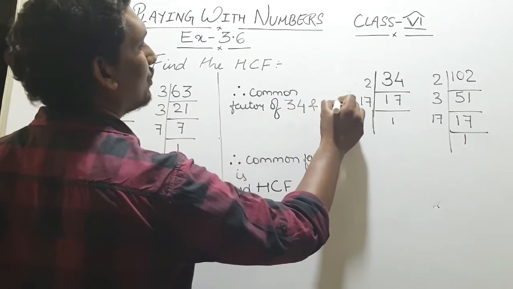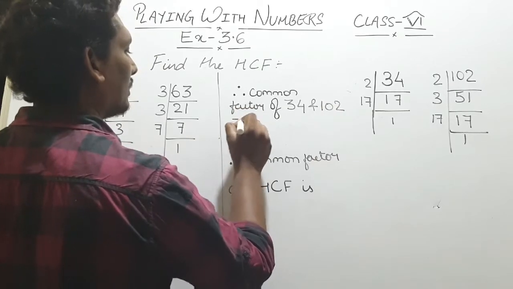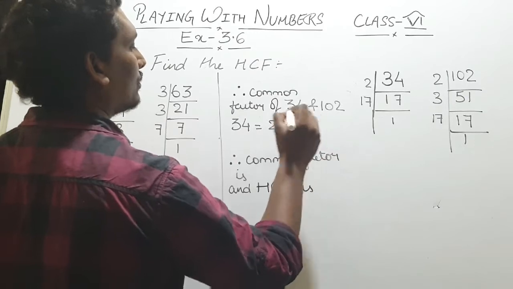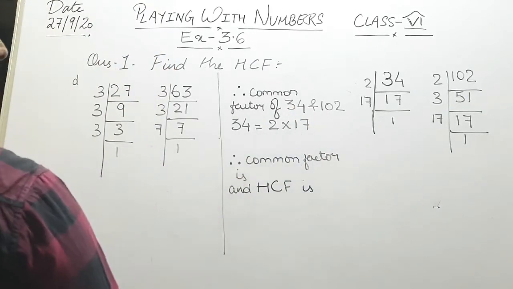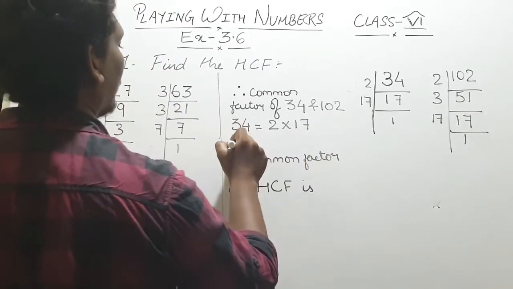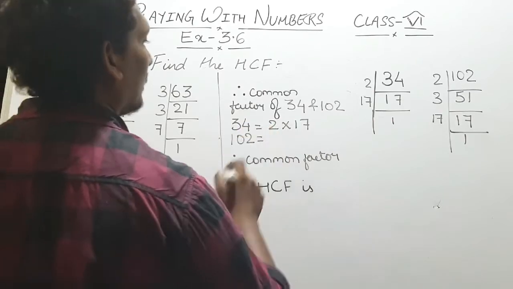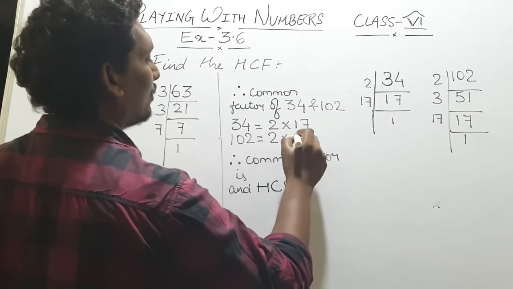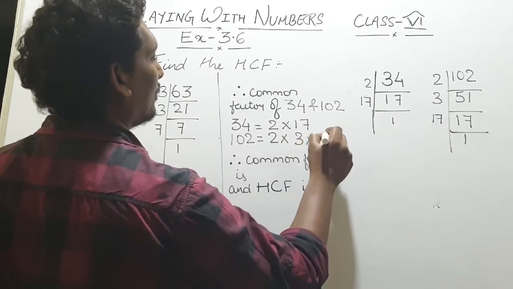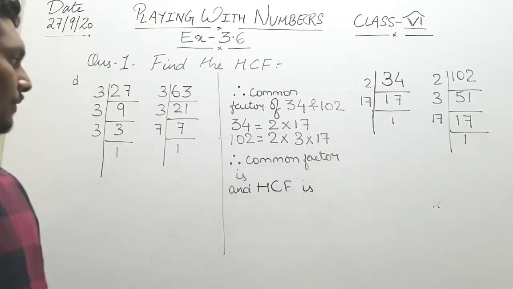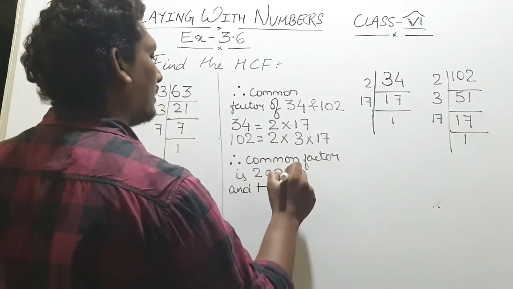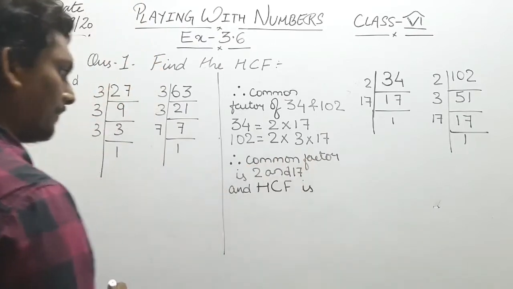So therefore, the common factor of 34 and 102. For 34, that is 2 into 17, and for 102, that is 2 into 3 into 17. Okay, the common factors are 2 and 17.